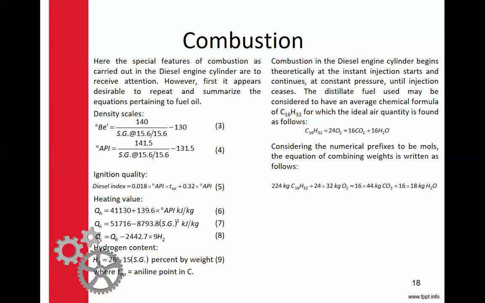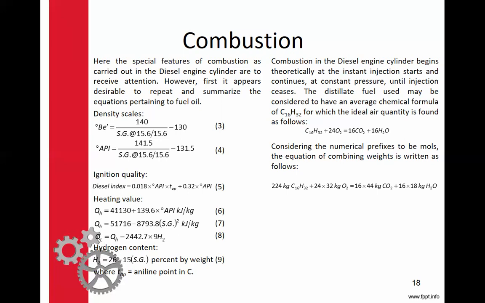Q sub S is equal to 51,716 minus 8790.6 times specific gravity squared, kilojoule per kilogram in SI. So QL, the lower heating value, is equal to QS minus 2442.7 times 9 H2. The hydrogen content is 26 minus 15 times specific gravity, percent by weight, where T sub AP is the aniline point in degree C.